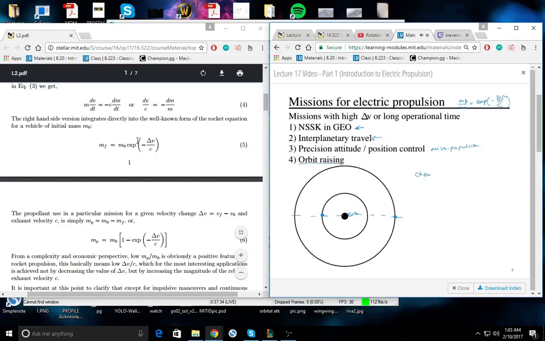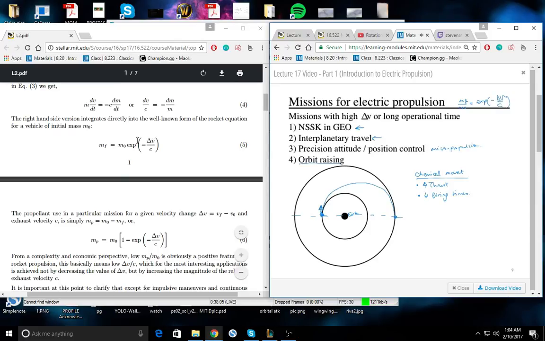If we do this using a chemical rocket, we will have high thrust but short firing times. The way we go from a low Earth orbit to a higher orbit is to give an impulsive maneuver in the initial orbit. This transfers us to an elliptical trajectory that takes us to the higher altitude orbit.